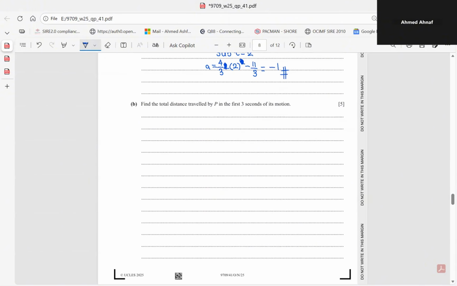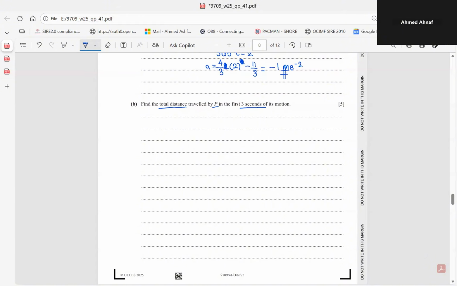In part B, we're told to find the total distance traveled by P in the first 3 seconds of its motion.